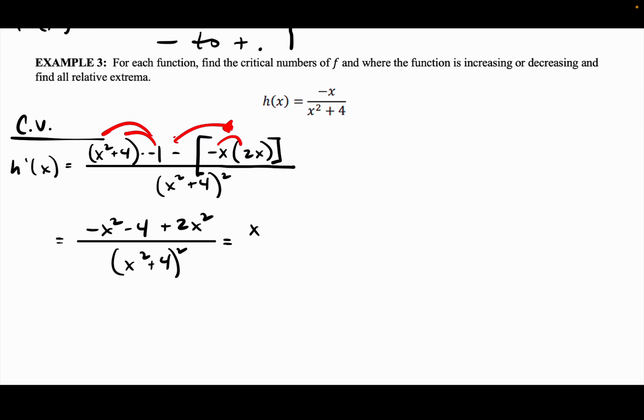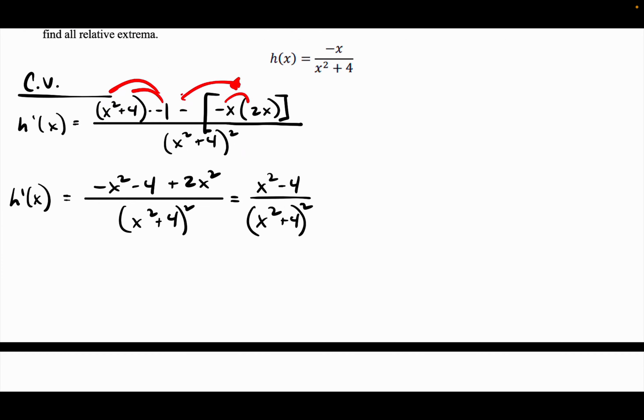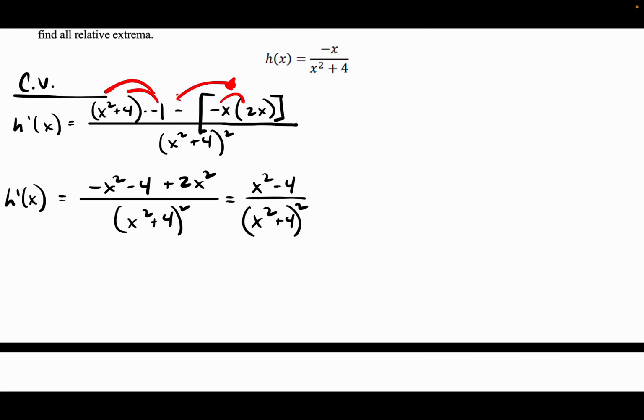It'll be x squared minus 4 over x squared plus 4 squared. That's the derivative. So I can combine this guy and this guy. Okay. Set it equal to 0.